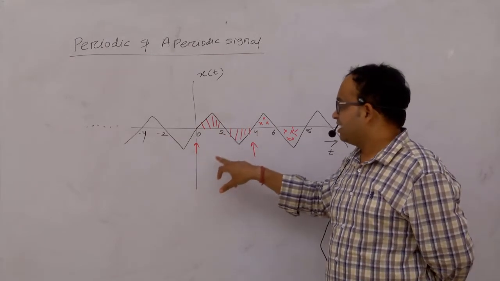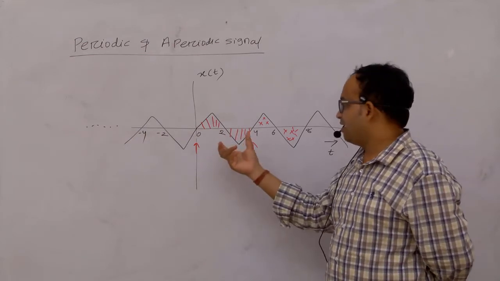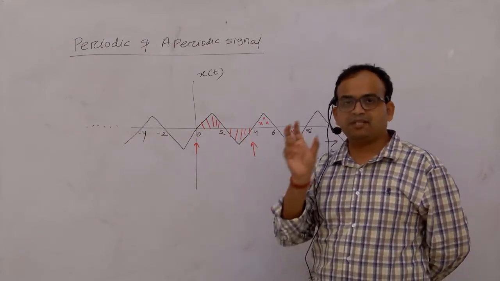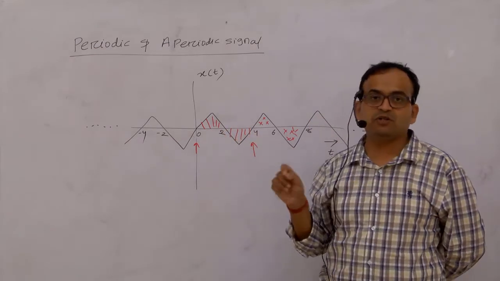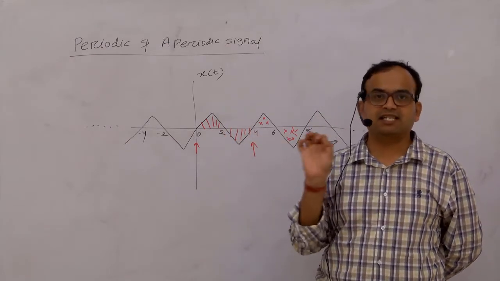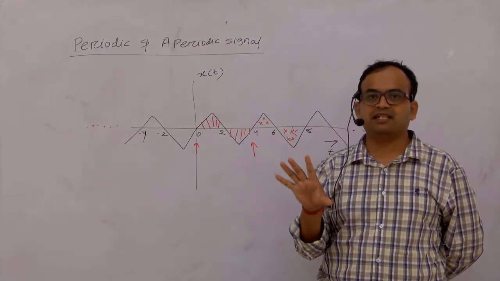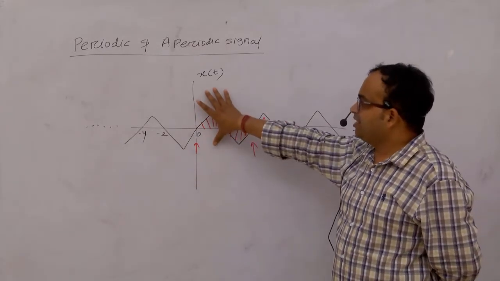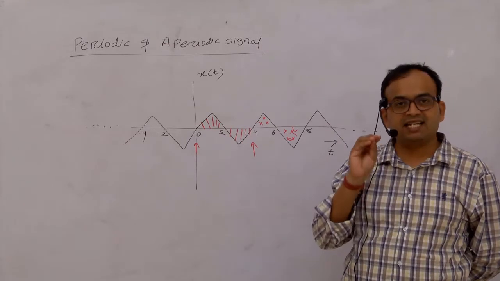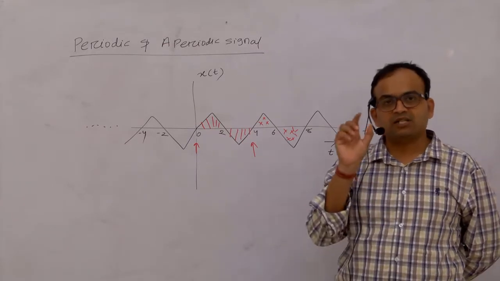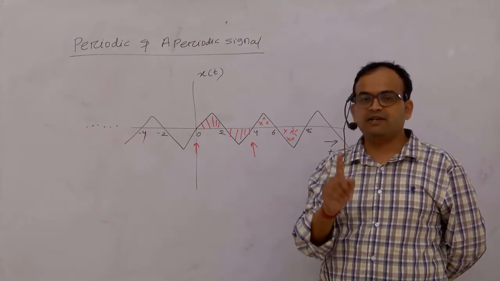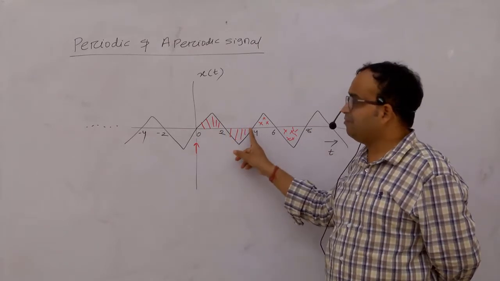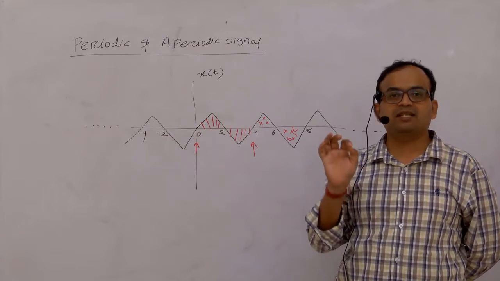After 4 units of time the signal repeats, and the repetition time is known as the periodicity or fundamental period of the signal.